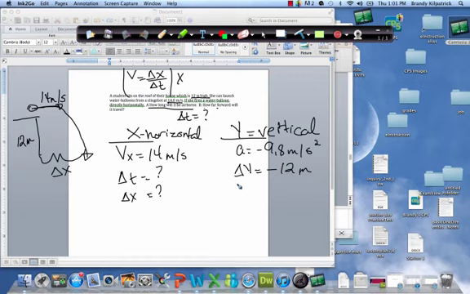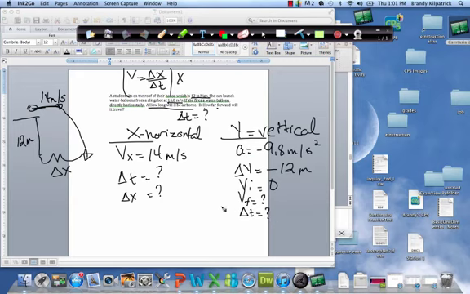My initial velocity in the y direction is actually 0, because it doesn't start moving down until after it moves off the cliff. I do not have a final velocity, nor do I have time.